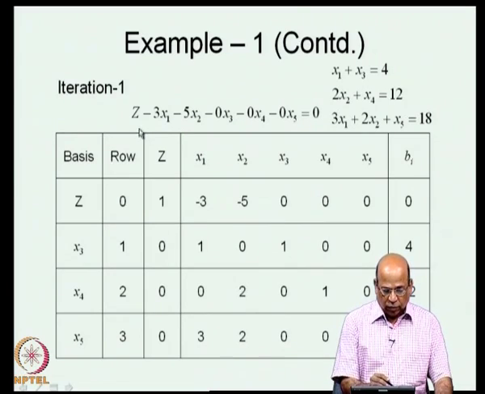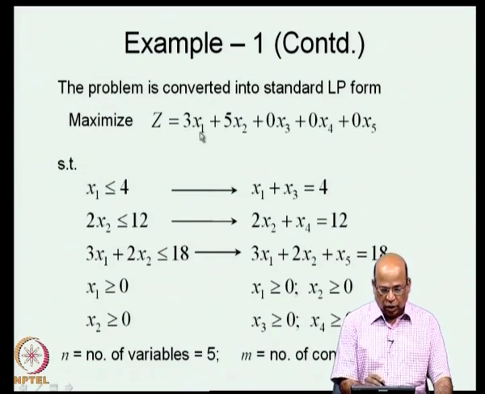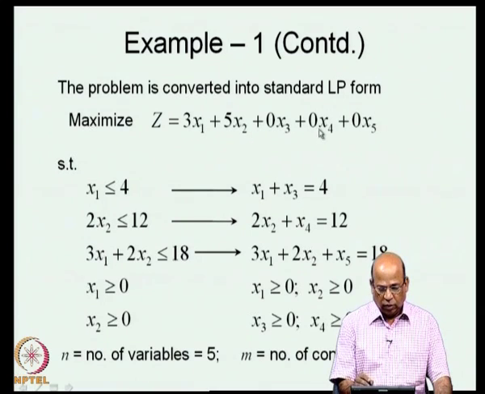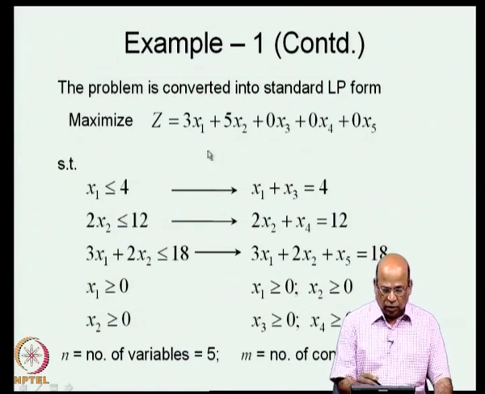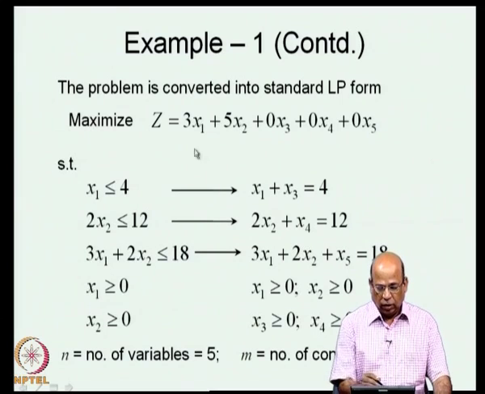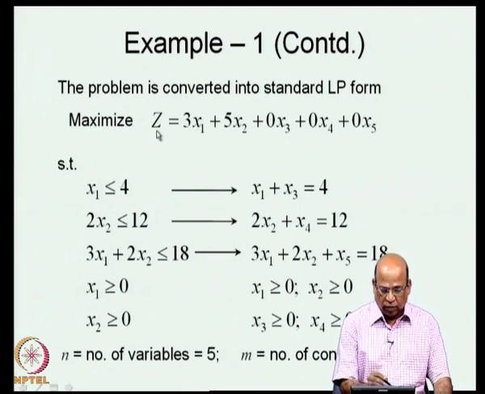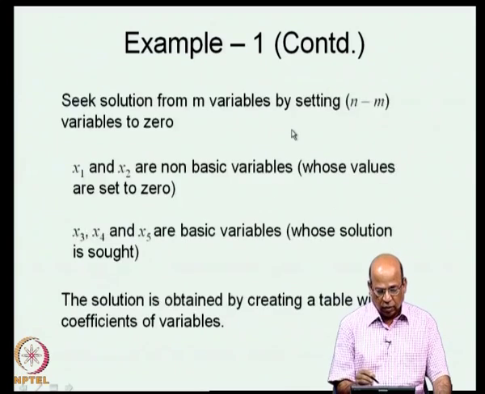The objective function, which was z is equal to 3 x 1 plus 5 x 2 plus 0 x 3 plus 0 x 4 plus 0 x 5, we also treat as one equation: z minus 3 x 1 minus 5 x 2 minus 0 x 3 minus 0 x 4 minus 0 x 5 equal to 0. So, we write the objective function z also as another equation.